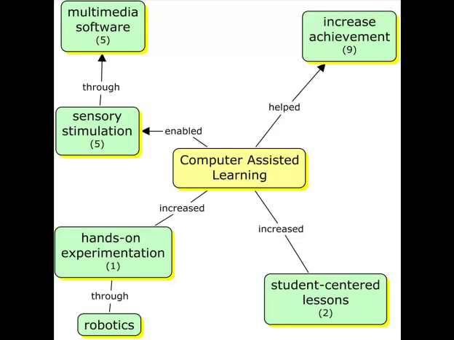As a result of using multimedia software in an American history class, there was an increase in student achievement. Multimedia capabilities are unique because both sensory stimulation and user navigation in interactive multimedia parallel students' natural ways of learning.